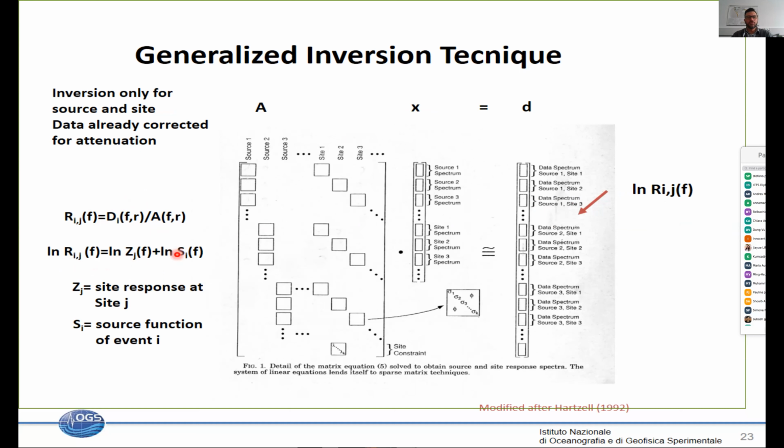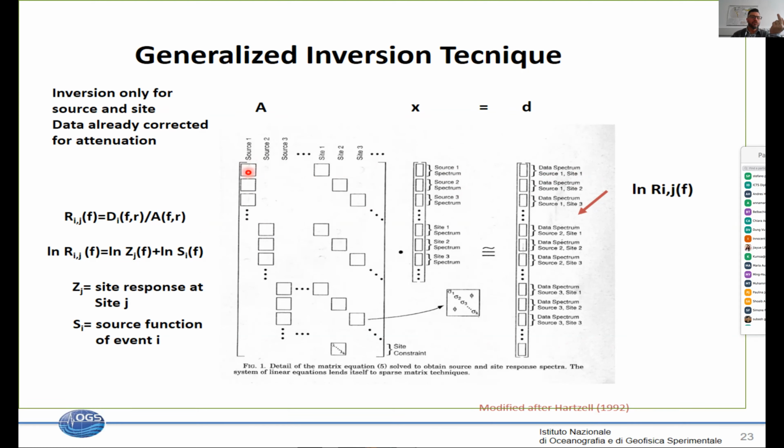Again, this is a linear system where my data are the residual for each single spectrum. And again, I will have a matrix where I will have a number of columns that correspond to the number of earthquakes, so our source, plus the number of sites or stations recording the event. So for the first earthquake, earthquake number 1, recorded at station number 1, what will I have?